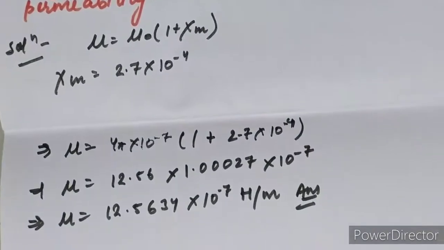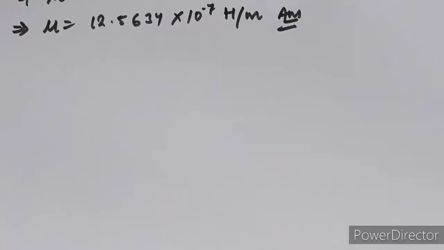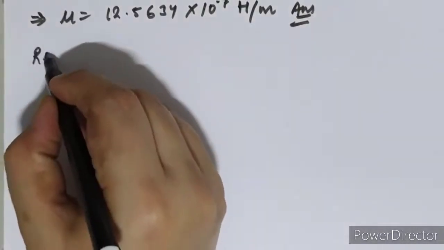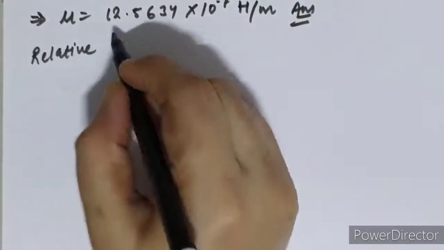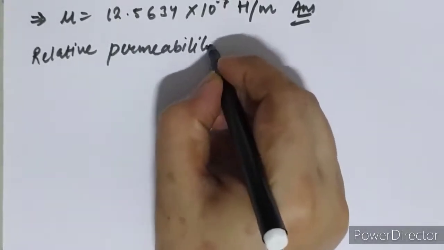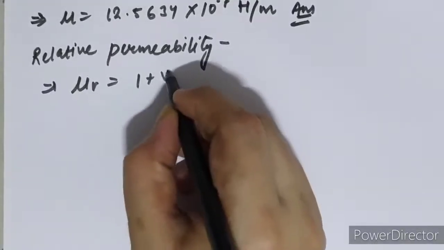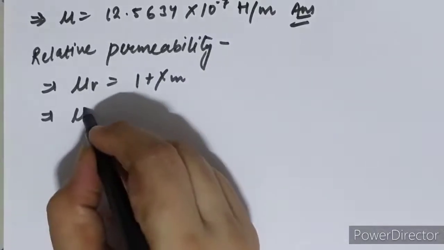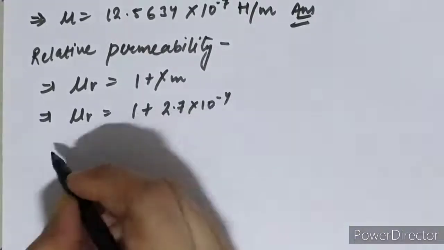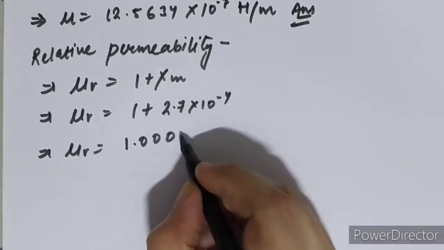Now the second one: we have to find the relative magnetic permeability. For that, relative permeability mu r equals 1 plus chi m, which is 1 plus 2.7 into 10 to the power minus 4. Then the value becomes 1.00027.